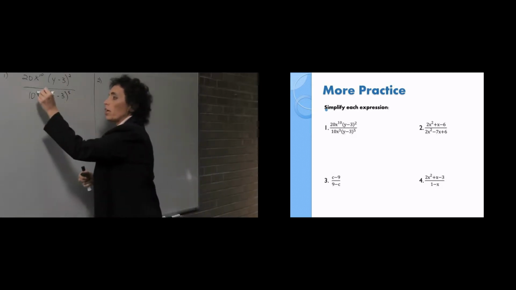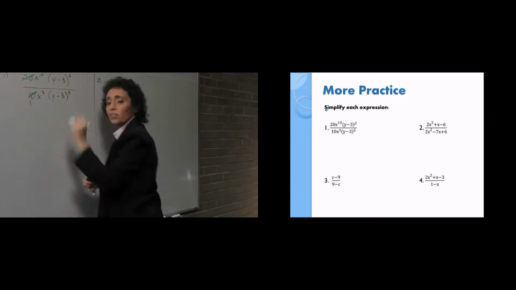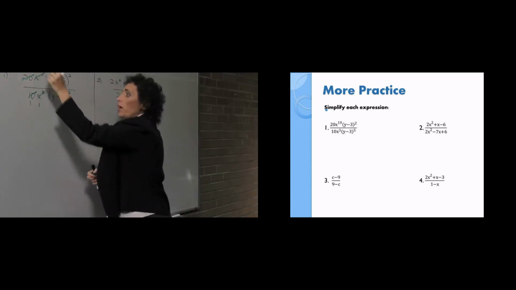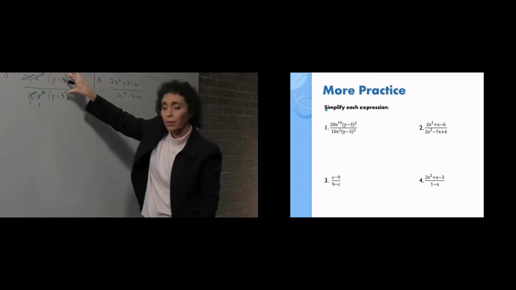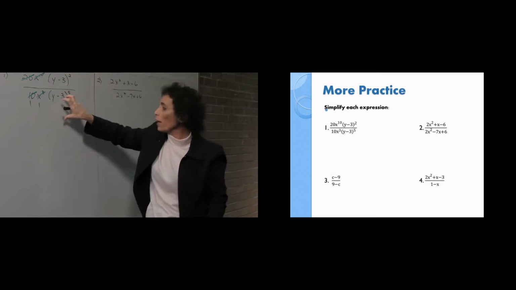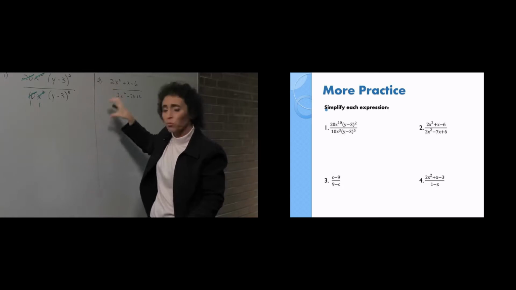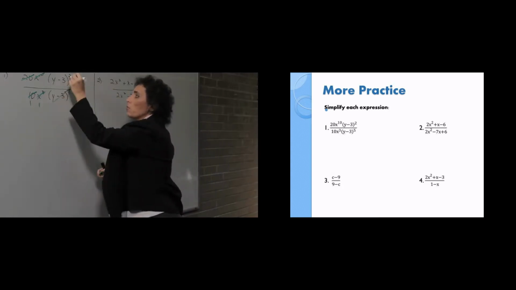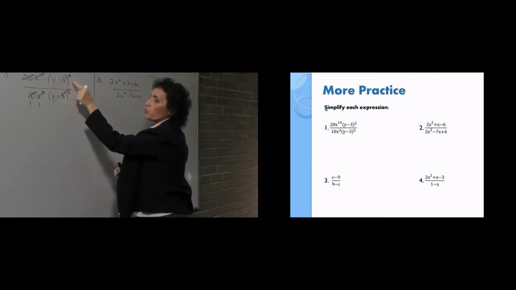Watch. 10 goes into 10 once, 10 goes into 20 twice. Now with the x's, I have more x's upstairs. There are 7. Now I could write y minus 3 out twice here, and I could write y minus 3 out 5 times here, but why would I when I understand that I can keep the base and subtract the exponents.